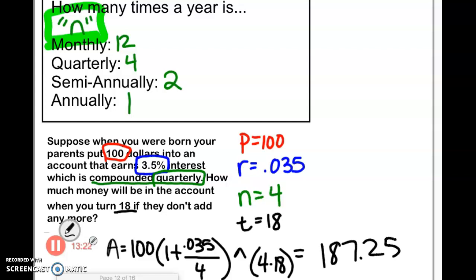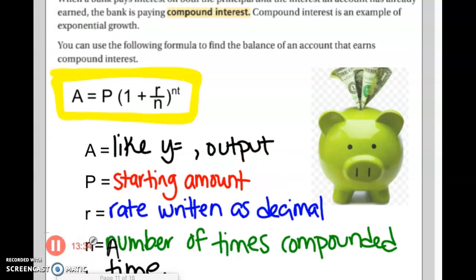It comes to $87.247, but we'll round that to 25. All right, so this is multiplication in here. If you want, you can just think of parentheses around that 4 times 18. That is multiplication. So check with your original equation that it's raised to the power of n times t.